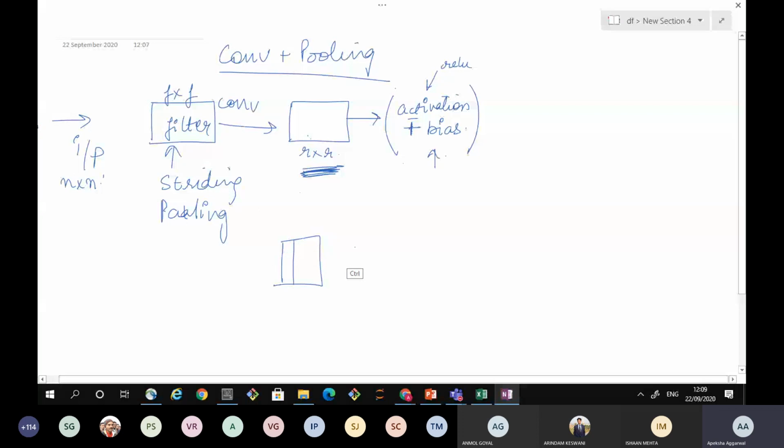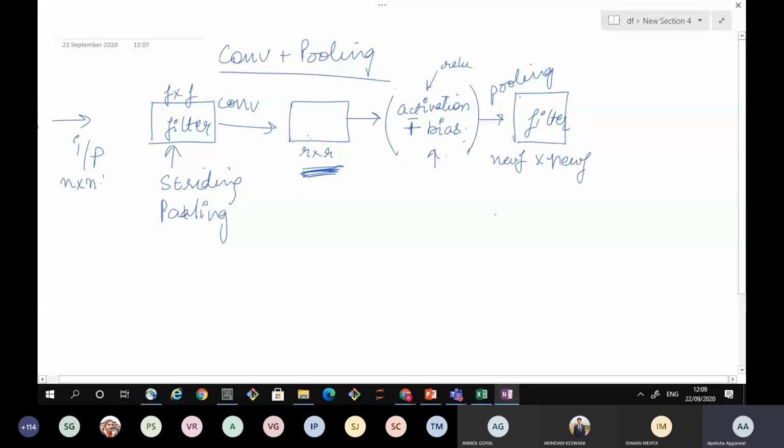Then after doing this we do pooling. In pooling we have the r cross r image, and we apply some filter. That filter had some size, let's say new f cross new f.